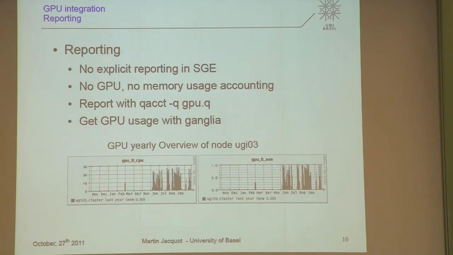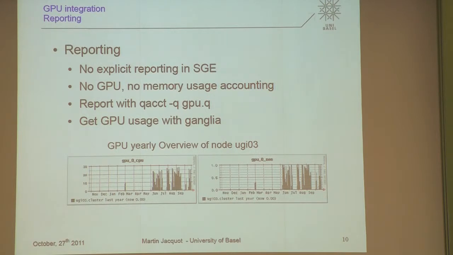Okay, we also want to have some reporting about the GPUs. For the moment, we have no explicit reporting in SGE. We are not able to report what's going on with these GPUs. We don't know the GPU usage and the memory usage, so we cannot report whether it is heavily used or not.